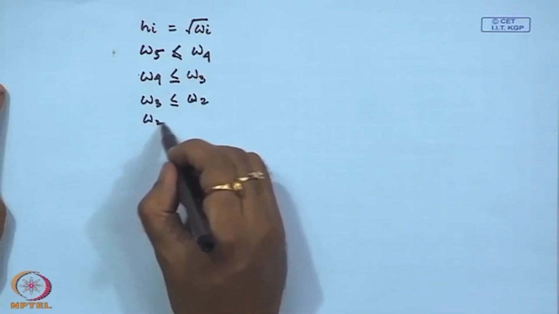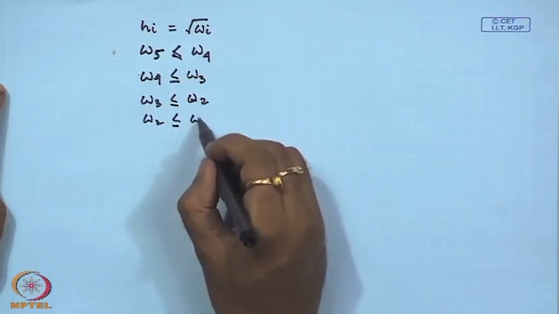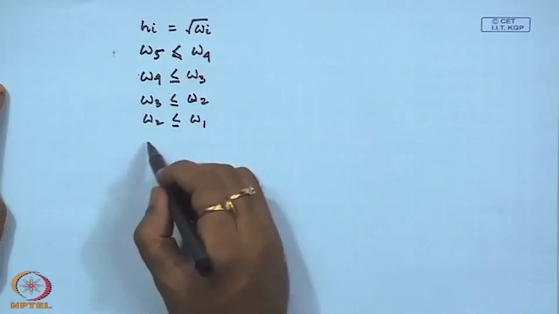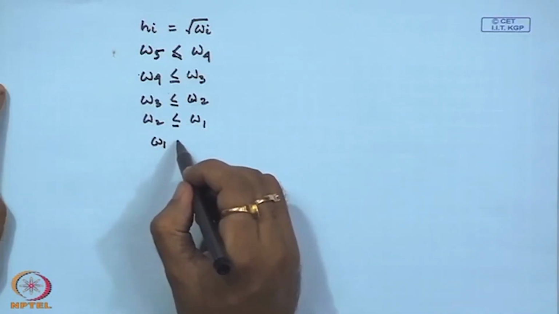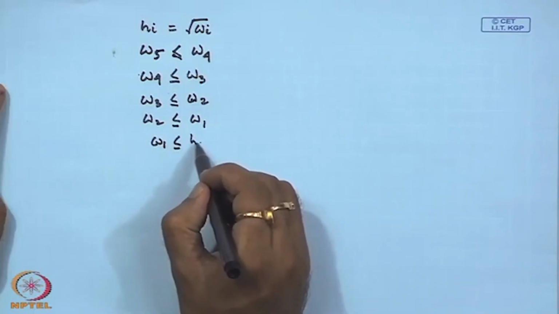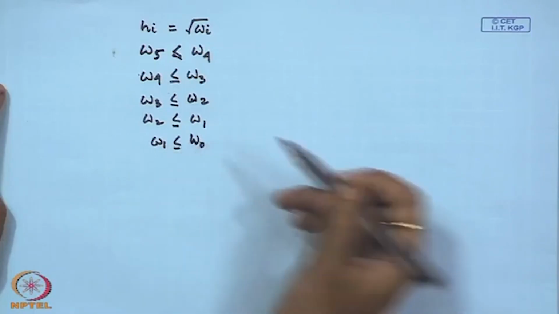Similarly, we have w 2 less than or equal to w 1, and w 1 is less than or equal to w naught.